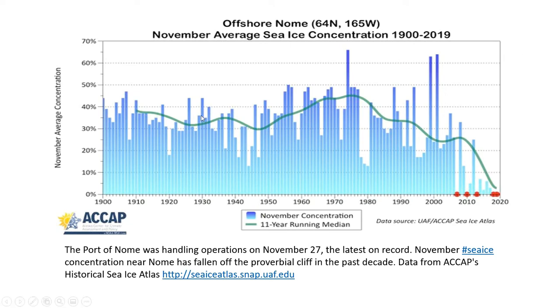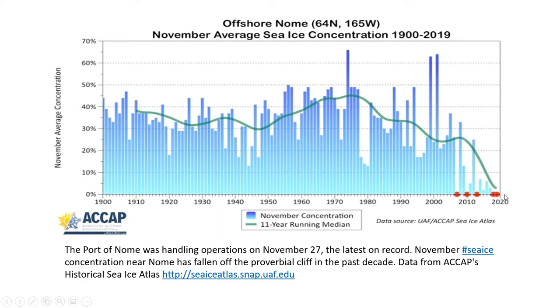So the record goes from 1900 to 2019, about 120 years or so. What this is showing is the average concentration of the sea ice, how much sea ice is there. This is an 11-year running median. And then look what's happened starting in about 2008, 2009.